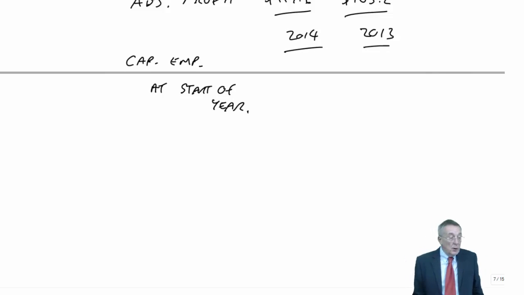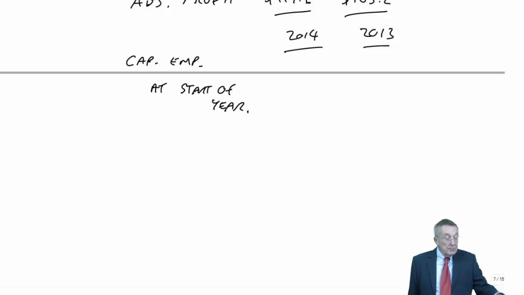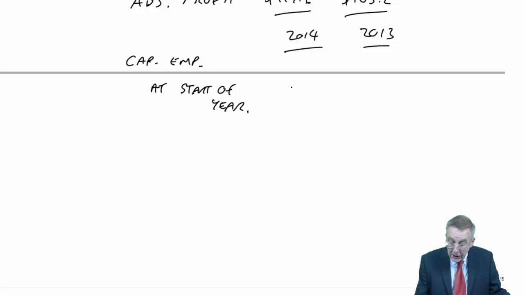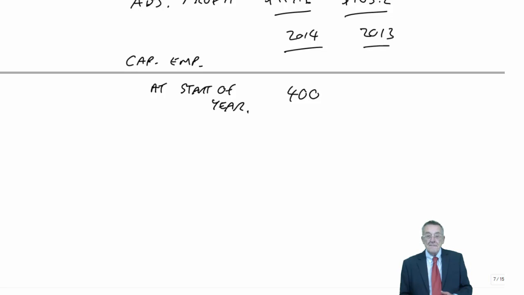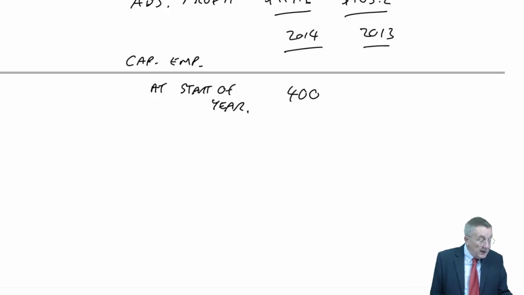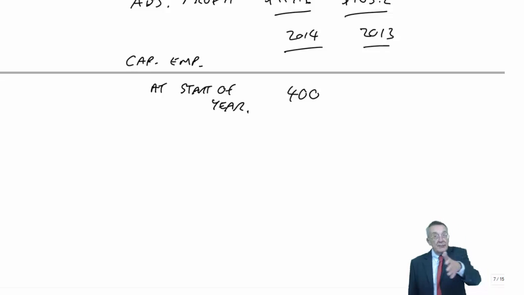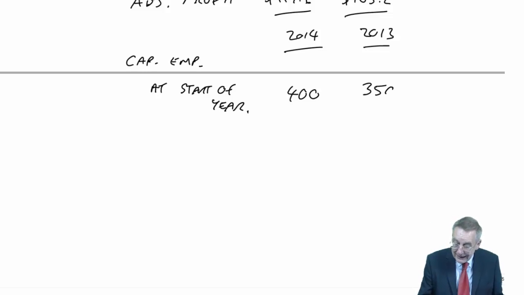So what was the capital employed at the start of the year? At the start of 2014, it would have been the capital employed at the end of the previous year, 2013. And similarly, at the start of 2013, it would be the capital employed at the end of the previous year. Note 1 tells us at the end of 2012 it was 350.